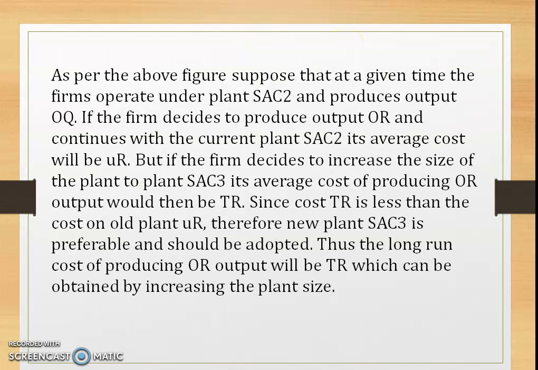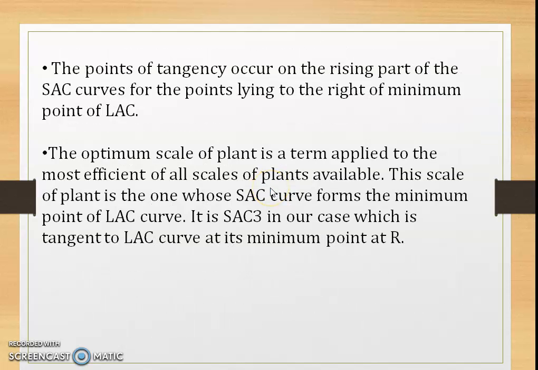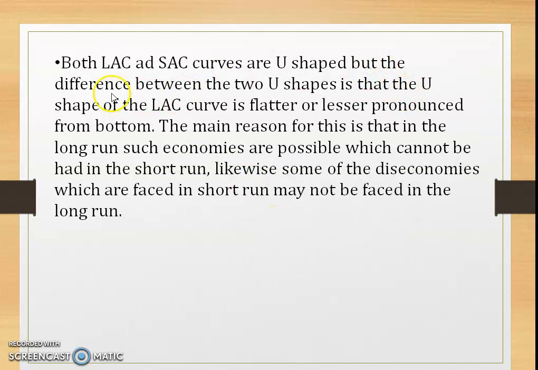If you look at the graph, all the SAC curves and the LAC curve are U-shaped. But the difference is that the U-shape of the LAC is flatter, wider, and less pronounced at the bottom.